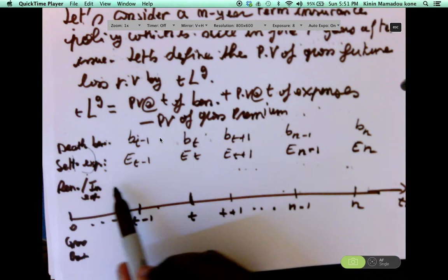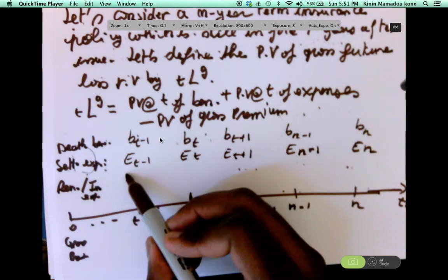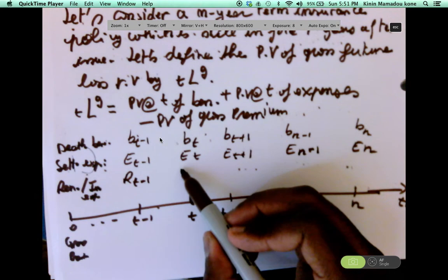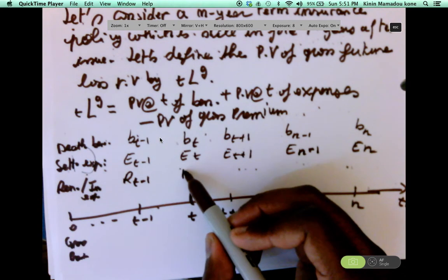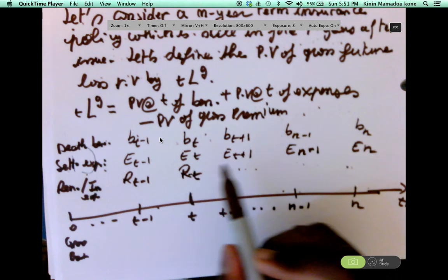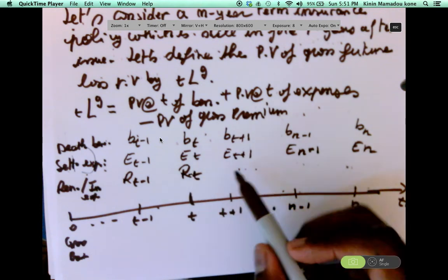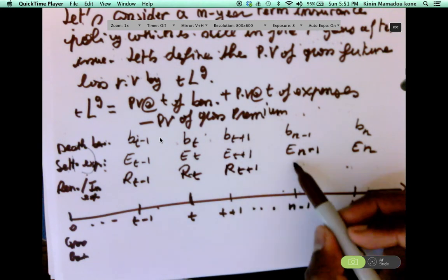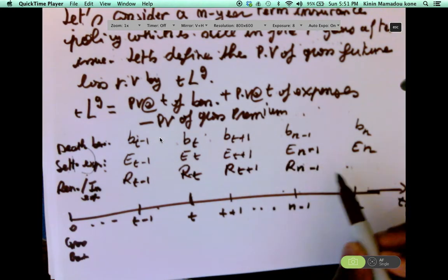And renewal expenses are paid as they are related to the premium, so you have to value them at the beginning of the year, valued at time t. So we have R t plus 1 up to R n minus 1, and you don't pay for the last year.